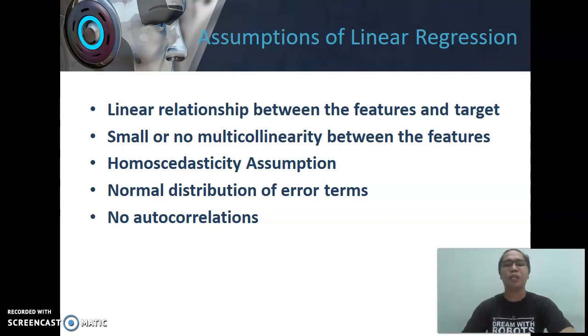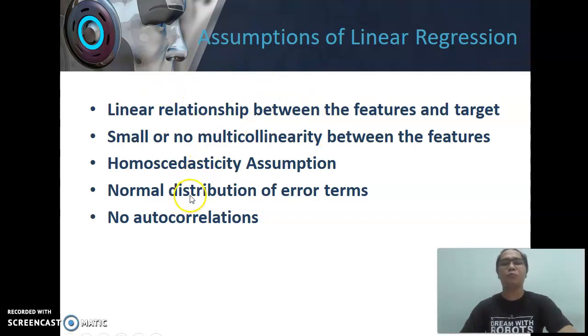Due to multicollinearity, it may be difficult to find the true relationship between the predictors and the target variable, or to determine which predictor variable is affecting the target variable and which is not. So the model assumes little or no multicollinearity between the features or independent variables.